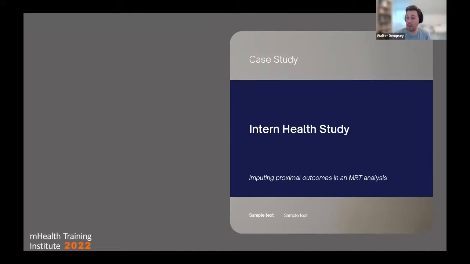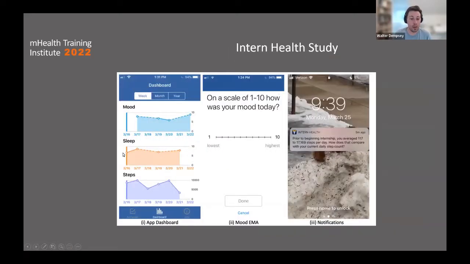So in the example of sleep, this is the Intern Health Study I'm showing here. What you're trying to measure is sleep over time, but often you have missingness in sleep. Why did we see missingness in sleep? Because the Apple Watch only has a battery that's about 12 hours. So if you wear it during the day, you have to charge it at night.